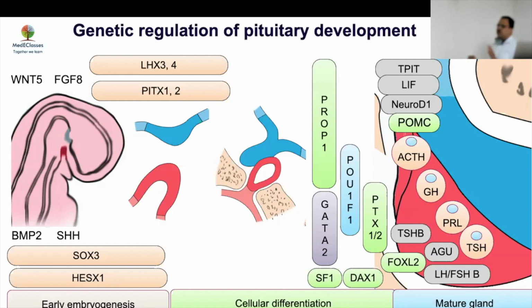So if I now summarize it again, these are primitive areas of development. These are like Stone Age development. You've got basic tools like WNT, FGF, Hedgehog, and BMP, which are there everywhere. So like you're building bone, you're building cartilage, you're building pituitary as well. So defects here will cause massive problems across the body.